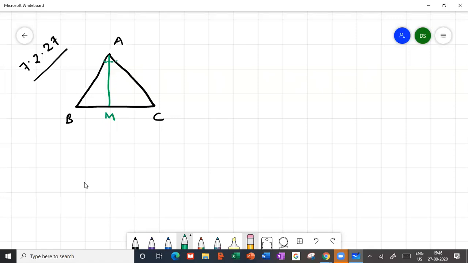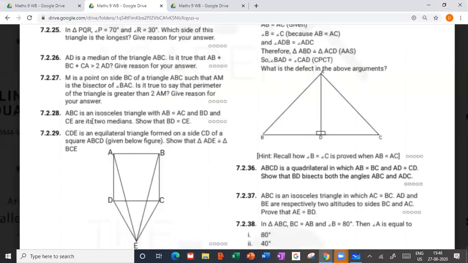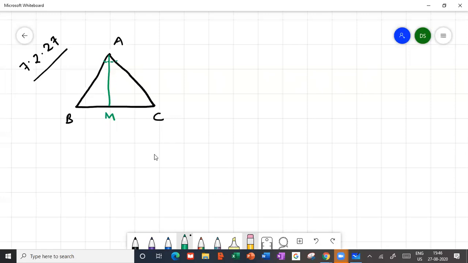So now what are they asking you? Is it true to say that the perimeter of the triangle is greater than 2AM? What is the perimeter of a triangle? Sum of all sides. Correct.